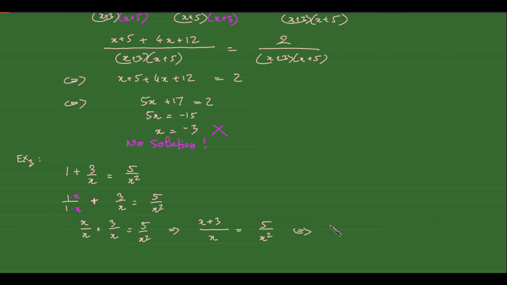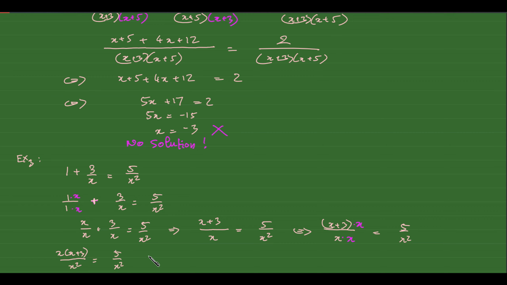So I can do it like this. Right now this is what I have, and I multiply the top and the bottom by x here and x here. Then I will have x plus 3 over x squared, equal to 5 over x squared.